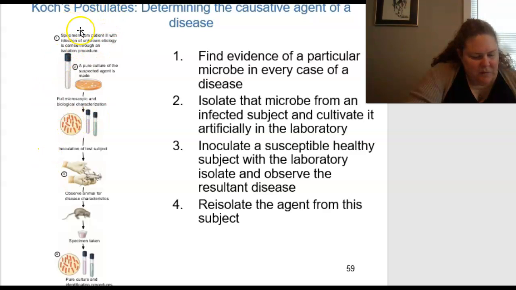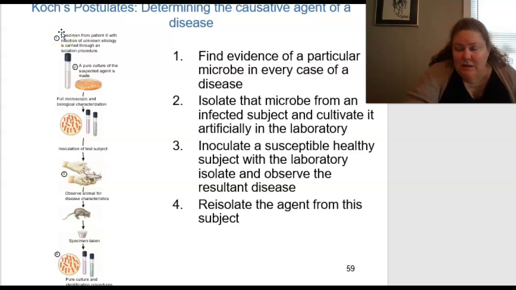a specimen from a patient who is ill with an infection of unknown etiology is carried through the isolation procedure. We've talked about how we can isolate from cultures with streaking, and then we can put it into a media tube to inoculate and grow that. So that's how a pure culture of the suspected agent is made. Then we have a full microscopic and biological characterization of that microbe. And then we put it into a test animal.